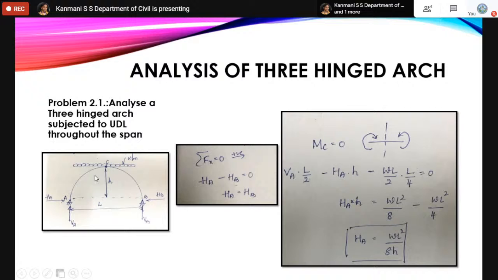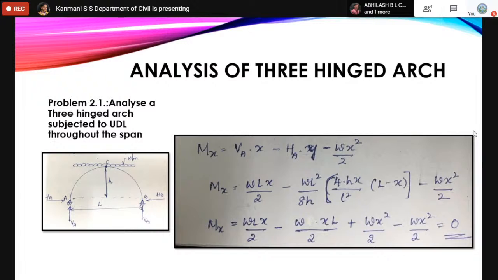So W into L by 2, and the perpendicular distance of this half portion is L by 4. So this is the equation we'll get. With that, H equals WL square by 8H. You can remember this formula or you can solve it. So HA is equal to WL square by 8H. So now moving on.